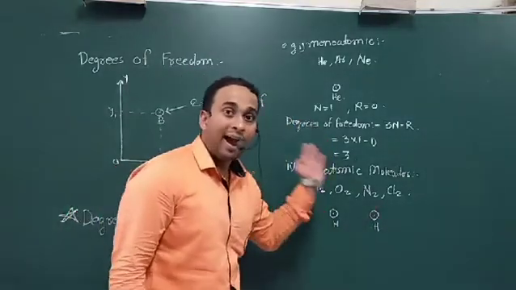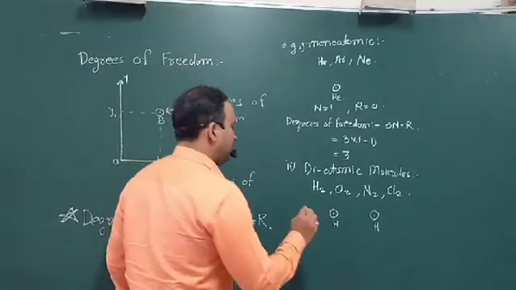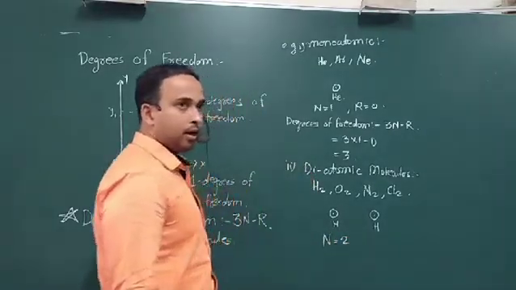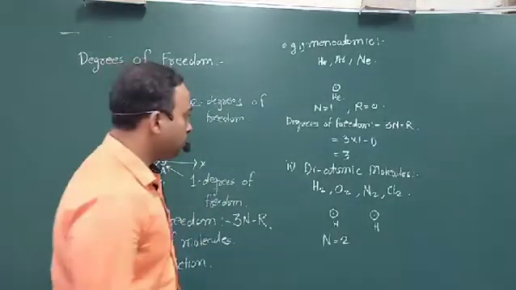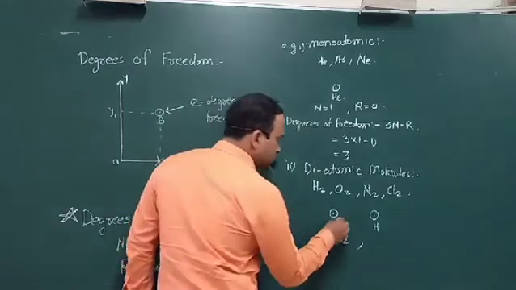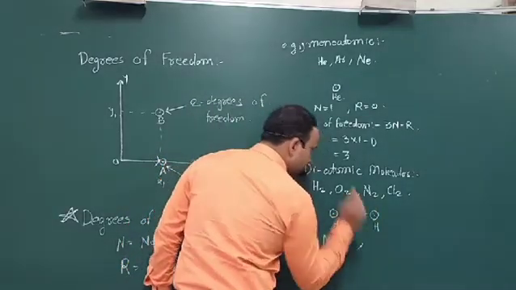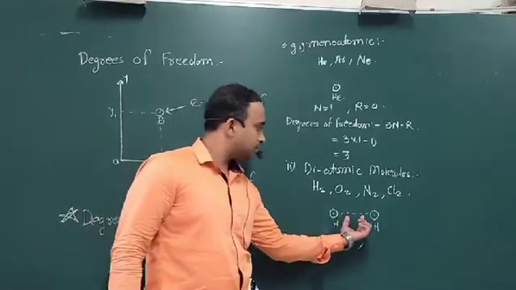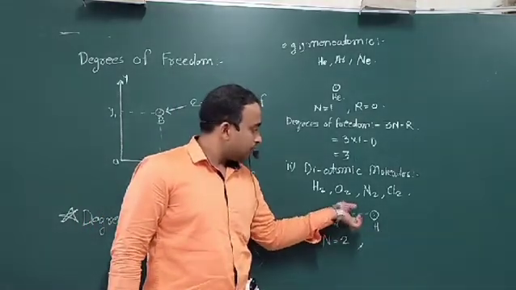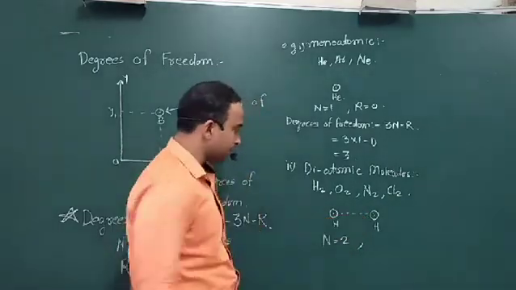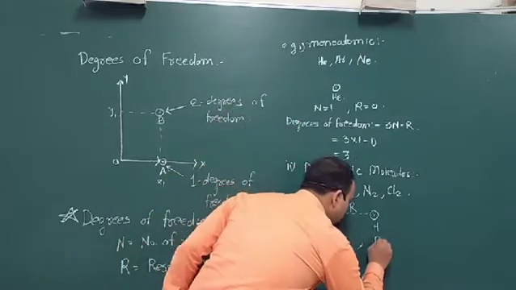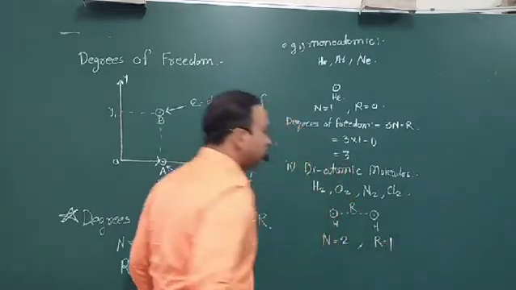That gives H2. Now n is equal to 2. What is meant by restriction? These atoms are restricted by this single bond. This is known as restriction. So the value of r is 1.